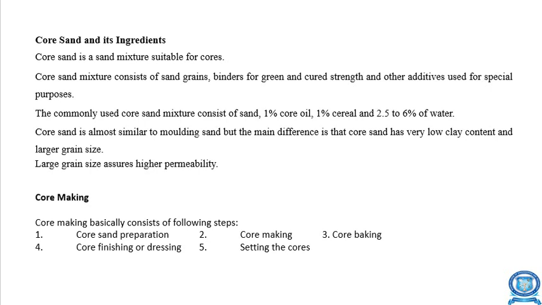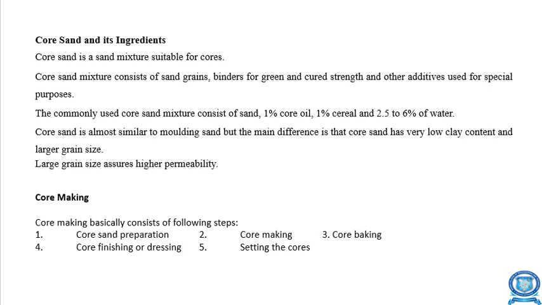Core sand and its ingredients. Core sand is a sand mixture suitable for core. Core sand mixture consists of sand grains, binders for green and cured strength, and other additives used for special purposes.